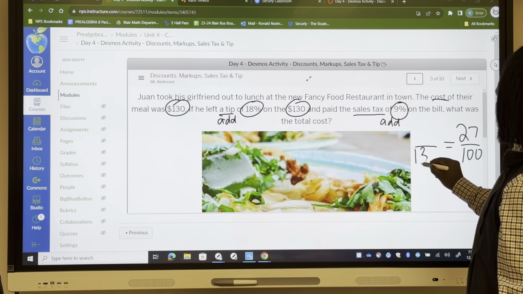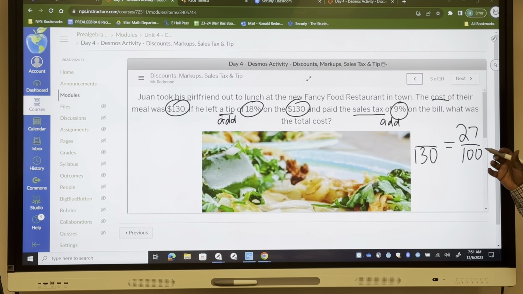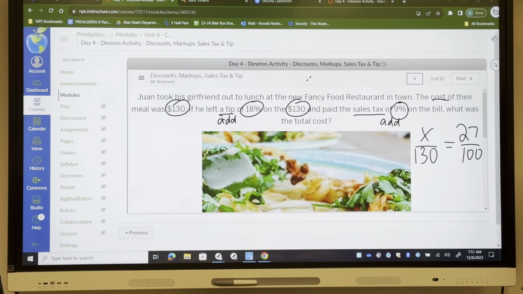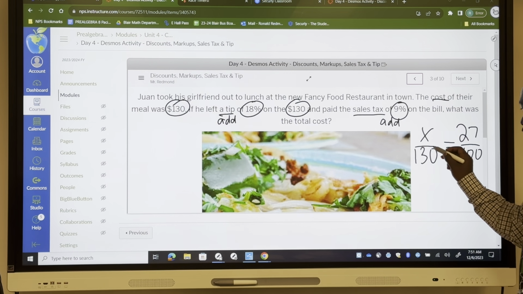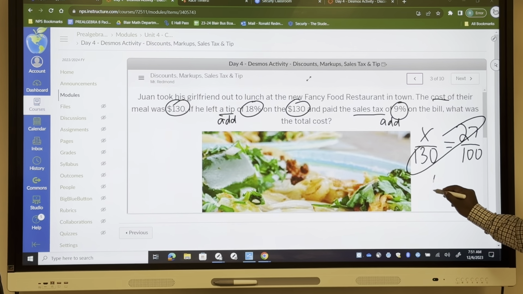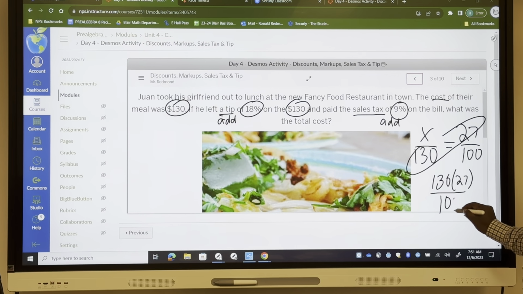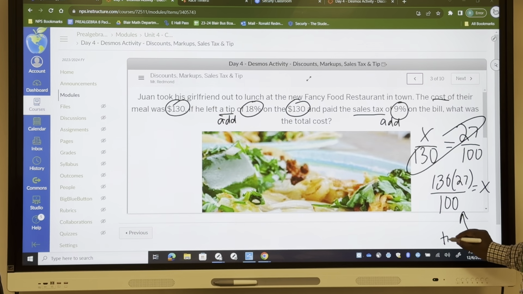The amount, or the whole, or the cost before is 130, and then that is going to give me the X. So what I'm going to do is cross multiply 130 times 27 divided by 100. That is going to give me the amount for, again, the tip and the sales tax.